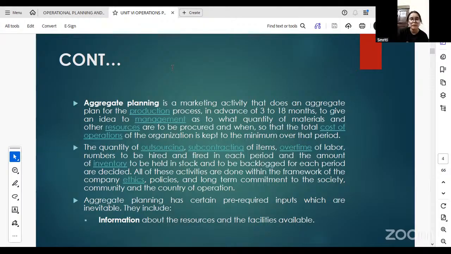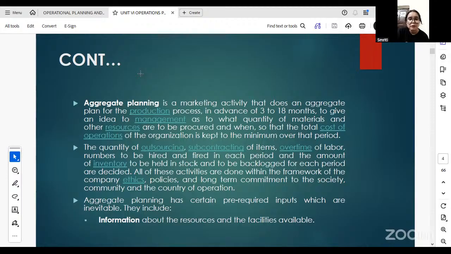Aggregate planning is a marketing activity that does an aggregate plan for the production process in advance of 3 to 18 months to give an idea to management as to what quantity of materials and other resources are to be procured and when, so that the total cost of operations of the organization is kept to the minimum over that period.